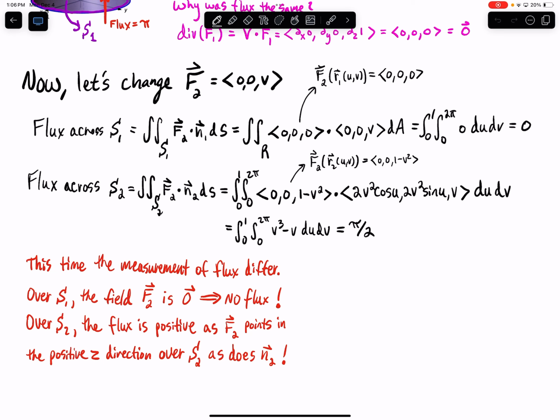All right, those first two components are 0. The last one for that first one is 0. You dot it, you get 0. Okay?